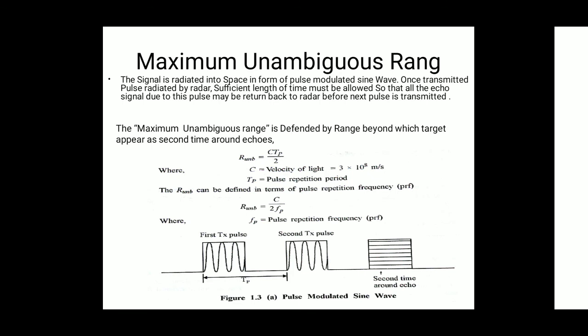R unambiguous range equals C divided by 2 fp. fp is the pulse repetition frequency, Tp is the period. So you can see this is the first TX pulse, the transmitted pulse, and this is the second TX pulse, or second-time-around echo signals.